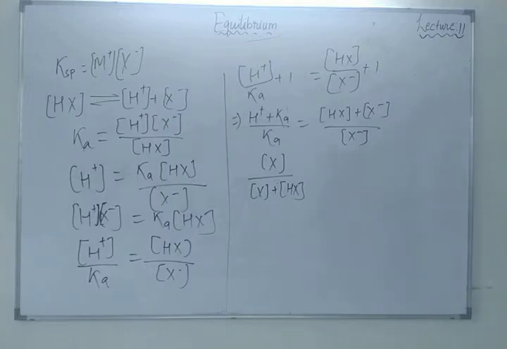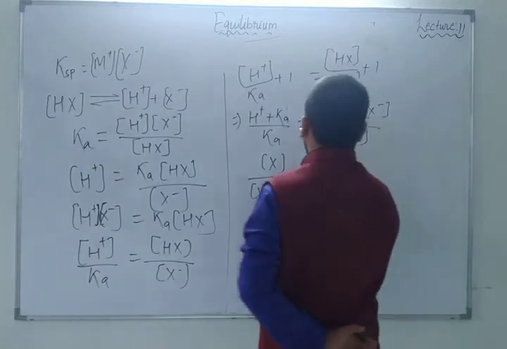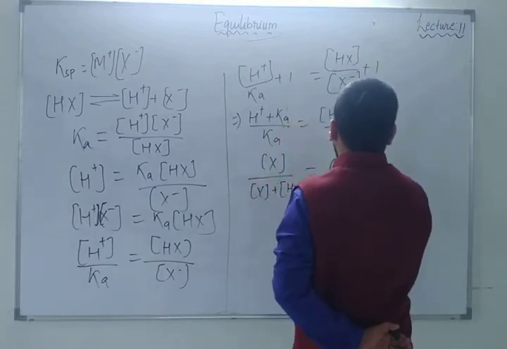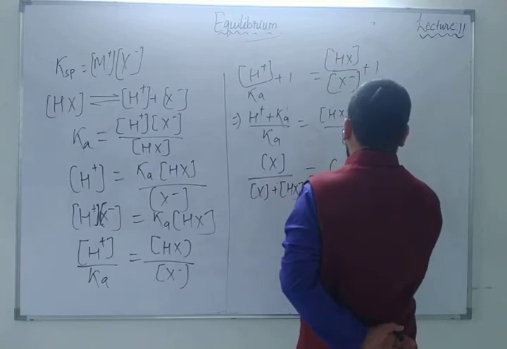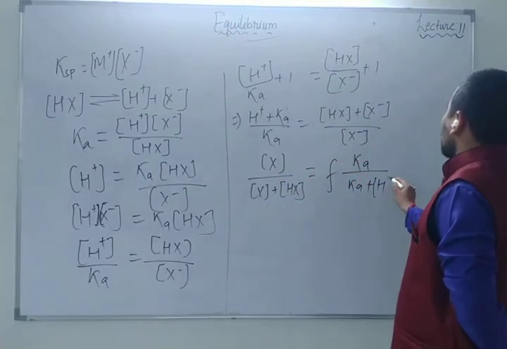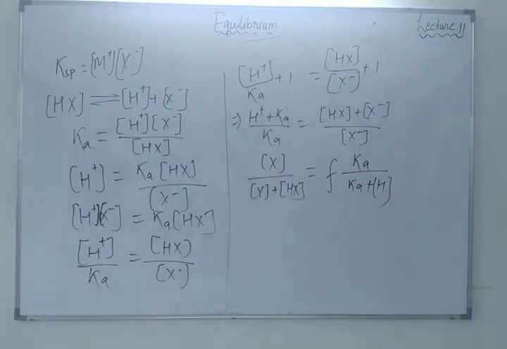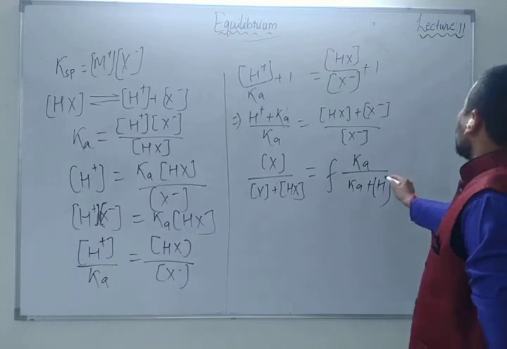So if you do the inverse, what you are going to get? X upon x plus hx, which is also equal to f. And here this again we inverse, that is Ka upon Ka plus h. Can you write this?